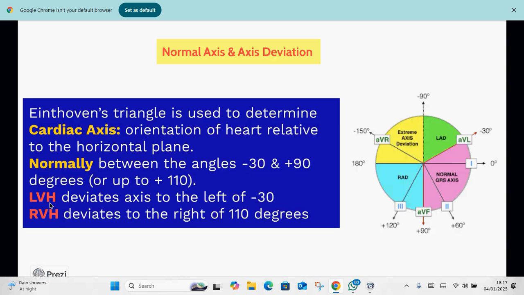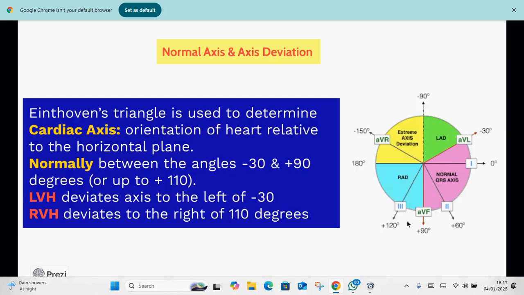If the patient has LVH, which is left ventricular hypertrophy, if the left ventricle is big, then the left ventricle will push the heart to the left, and the axis will be less than minus 30. This is called left axis deviation. And vice versa.